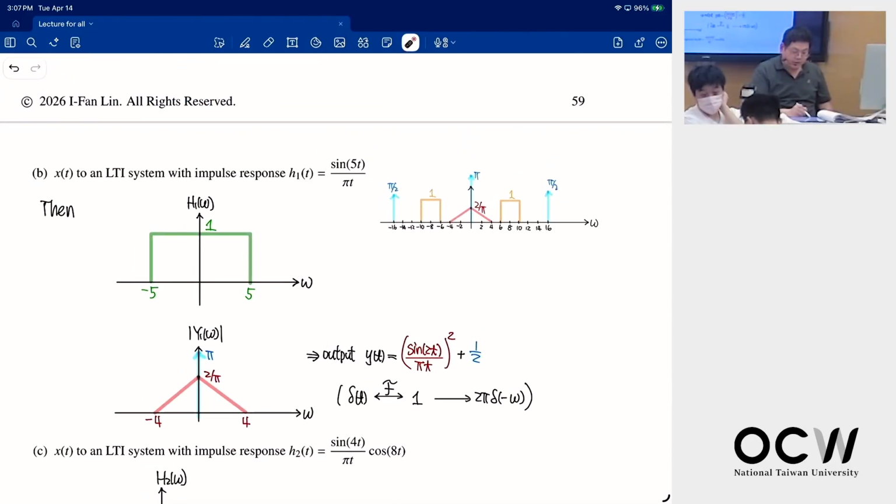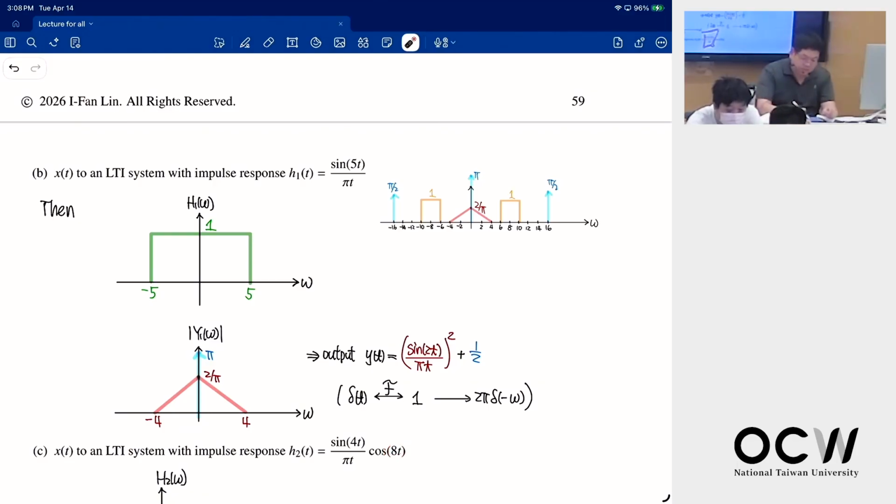All right. Now suppose I send the signal to another LTI system. The impulse response is a sinc function times cosine. What does that mean, something times cosine? When you have something times cosine, that means you are doing modulation. So you shift to the right and shift to the left by 8.